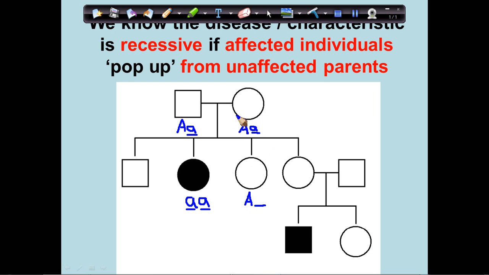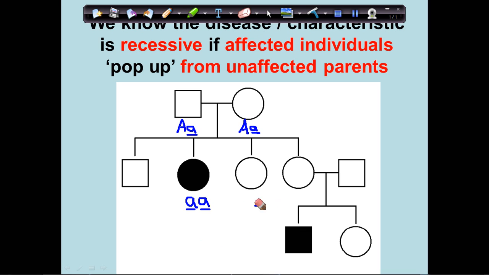So at least one of their parents must have the same phenotype, the same characteristic. So the only way for a child to have a different characteristic from both parents is if the parents have those hidden recessive alleles, and the kid is homozygous recessive.